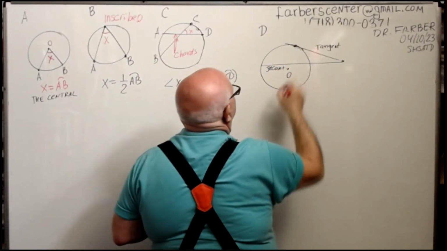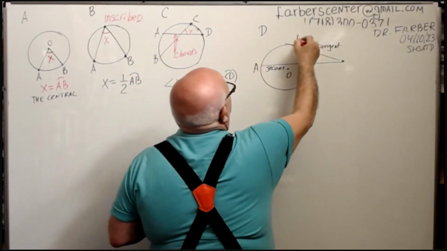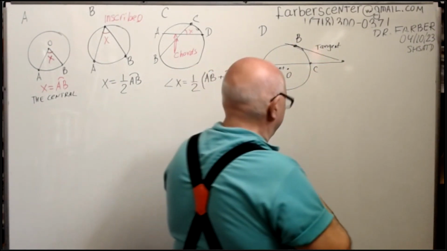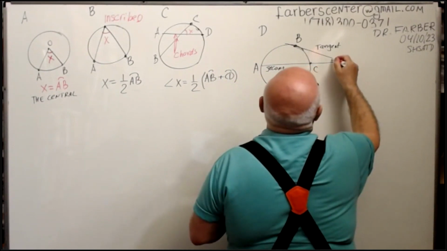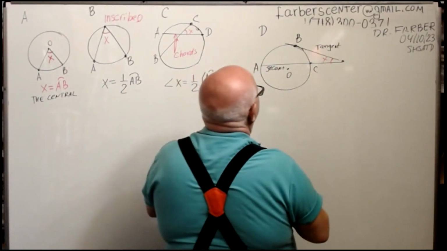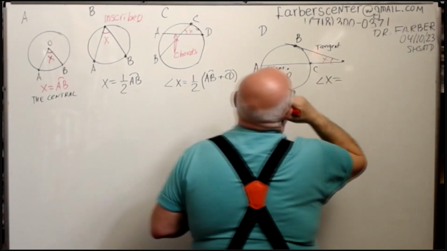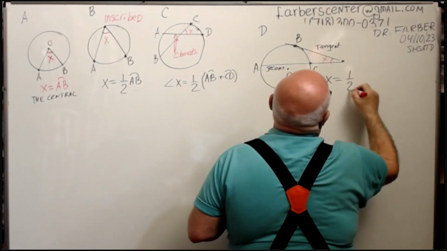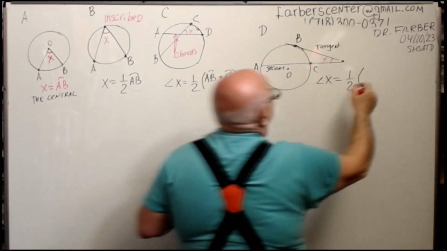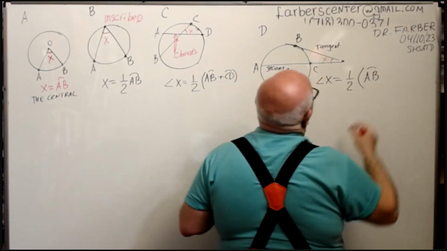And let's say this is the circle center. And we have A, B, the point of tangency, and C. So this angle X equals half of the difference of the intercepted arcs. This arc AB, whatever number you have, minus arc BC.